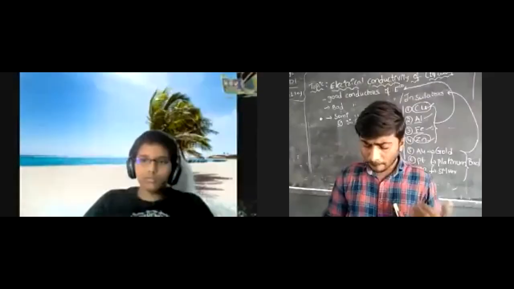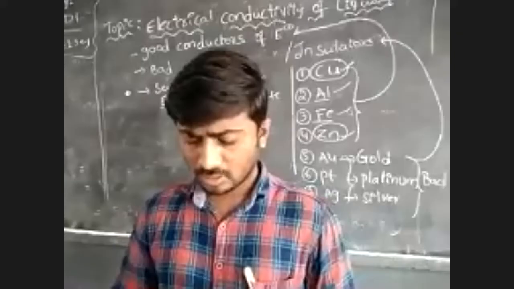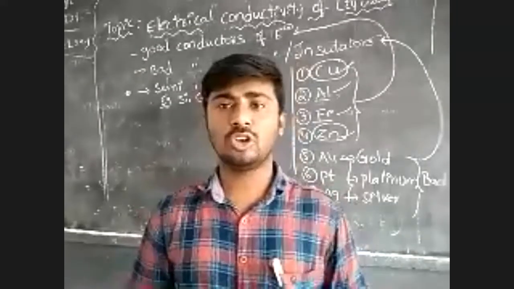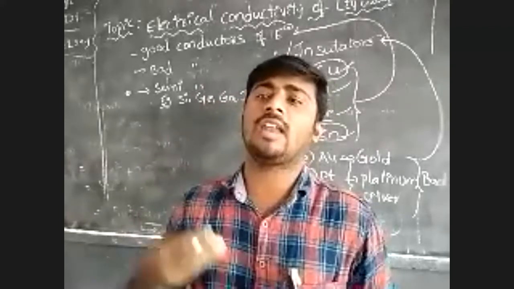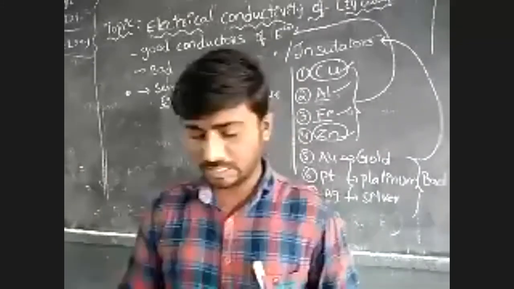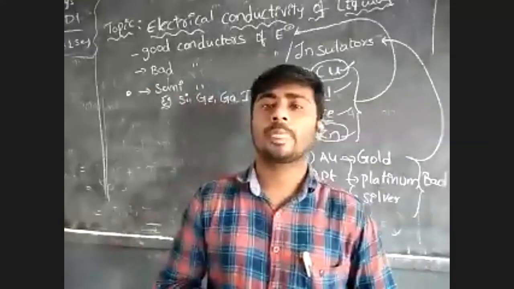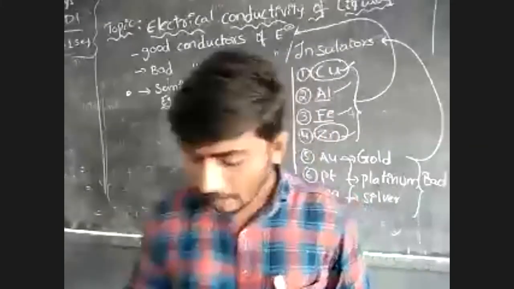And the next one, plastic scale, wooden scale. Does it conduct electricity? No. Dry wood does not allow electric current. It is a bad conductor of electricity. And the paper, pencil. So all these are classified under good conductors and bad conductors.